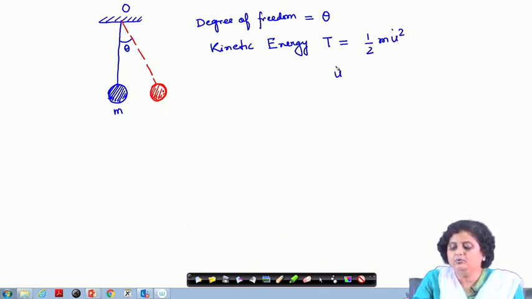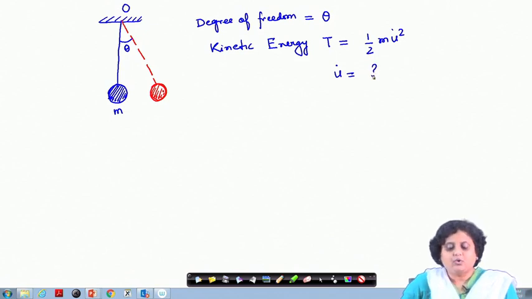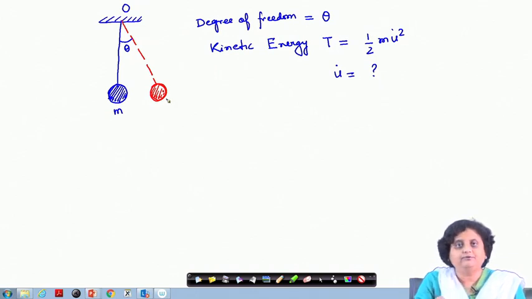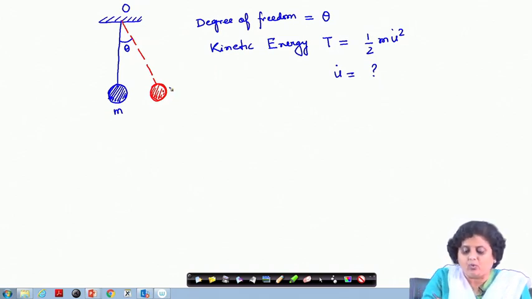Now, what is u dot? I need to know what is u dot. So, u is the tangential displacement of this mass about point O. So, that is equal to L theta.